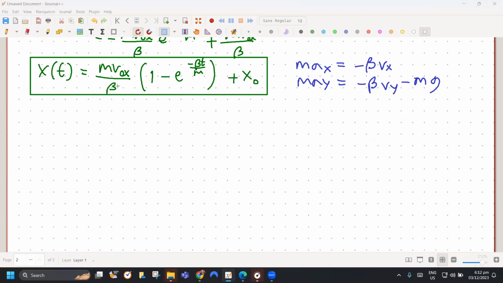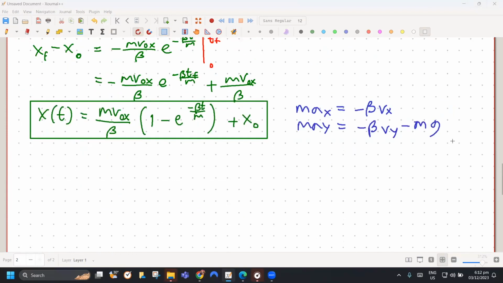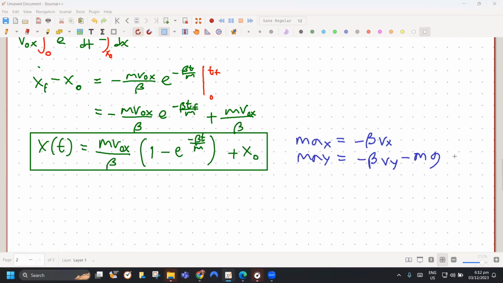Okay, so there's a technique for that. Let me show the starting point.